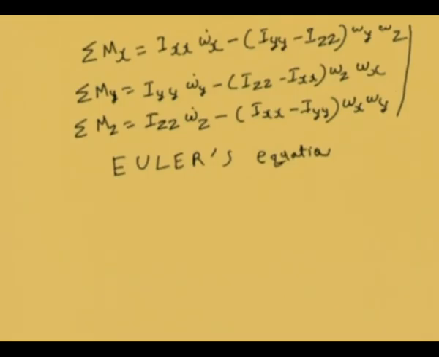So we have got these three sets of Euler's equations. We supplement these three equations by three equations of motion for the motion of the center of mass, that is Newton's law: Fx is equal to m times Ax, Fy is equal to m times Ay, Fz is equal to m times Az.